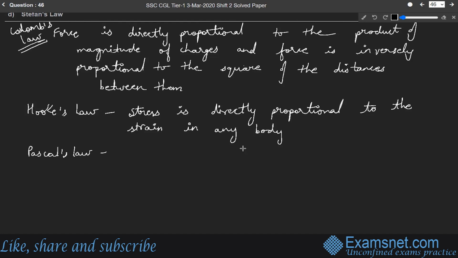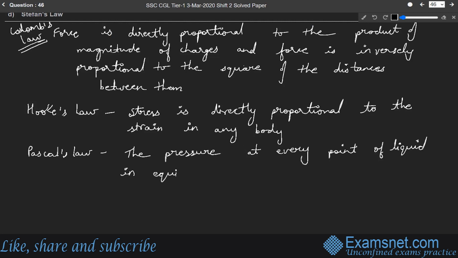According to Pascal's law, if the effect of gravity is neglected, then the pressure at every point of a liquid in equilibrium or rest is the same.